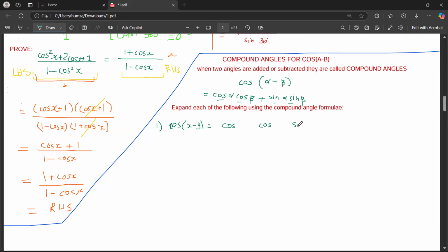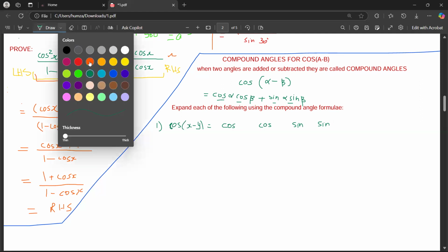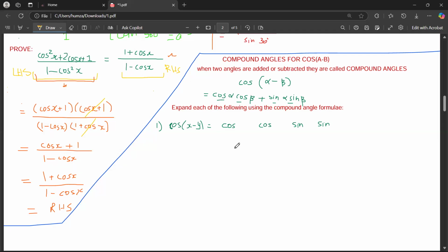Now the angles here are your x and y: x, y, x, y.